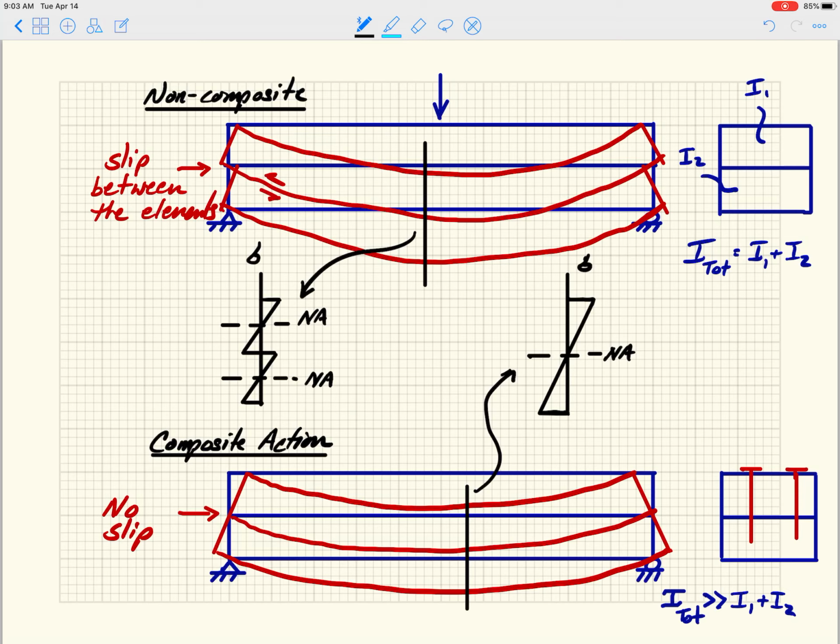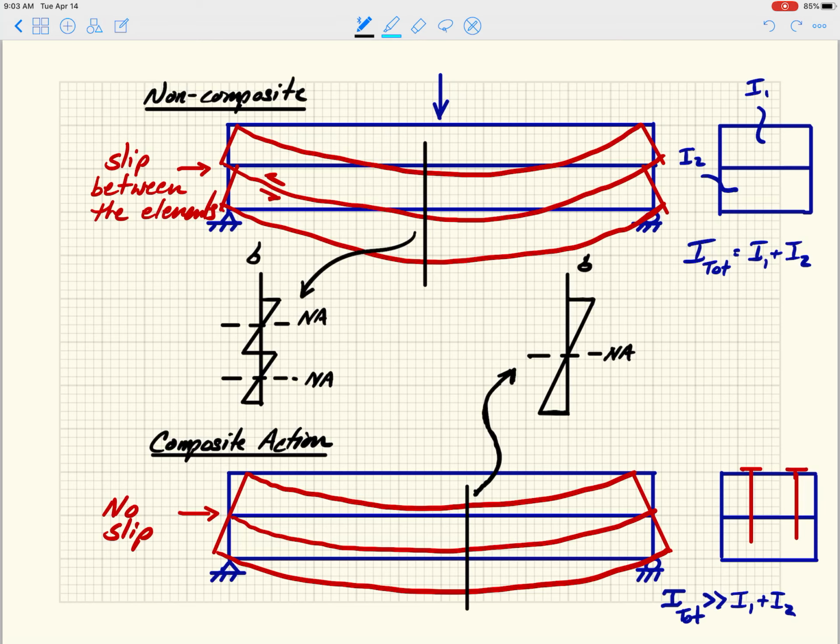So for the purposes of this class, a lot of these examples are basically going to be: here's a cross-section, tell me how much force is required to impose composite action. That would be how many nails do I need to enforce this type of behavior versus that type of behavior. Admittedly, these types of behavior are extreme, so they're sort of the bounds.